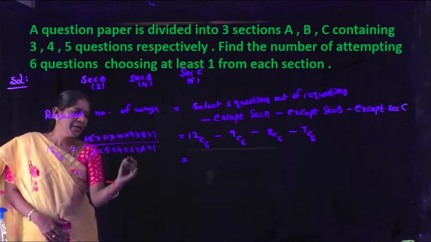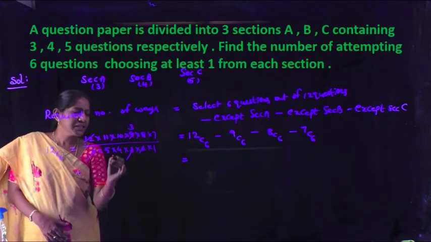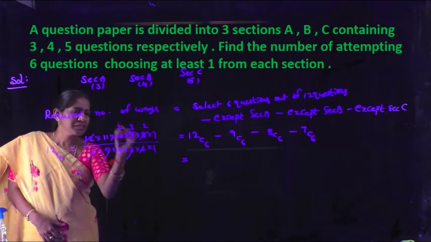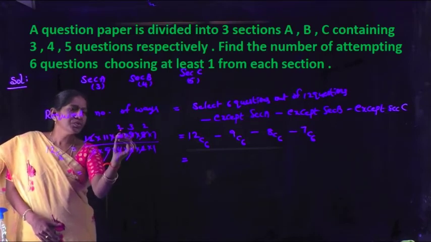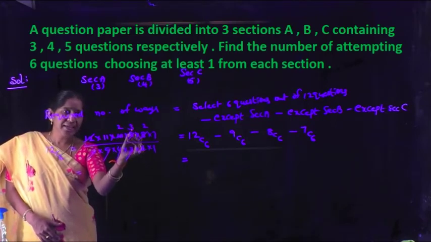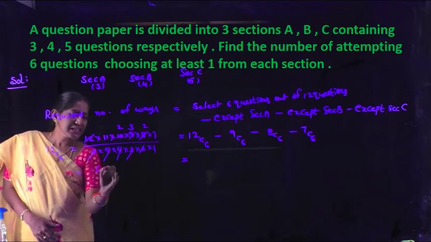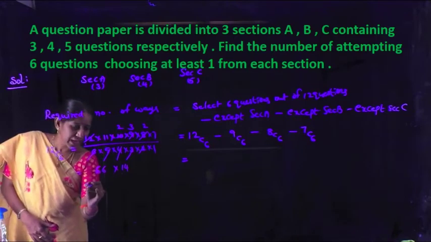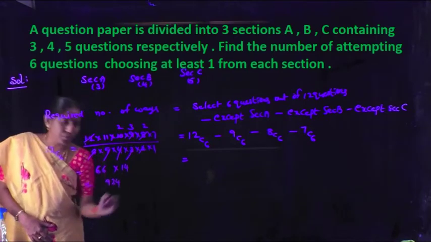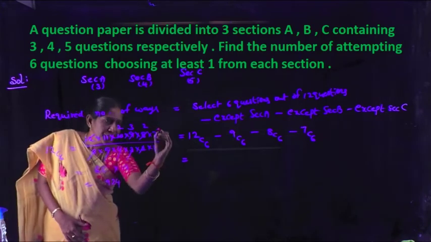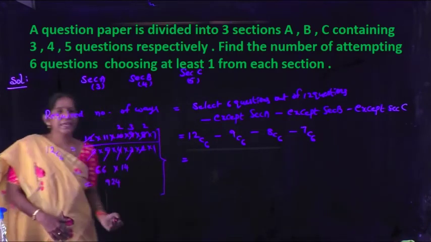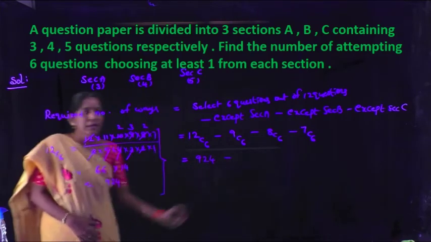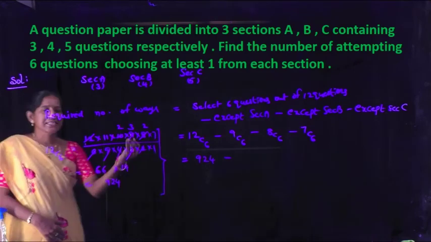Numerator and denominator, 3 times get cancelled here and 4 2 times cancel. 5 2 times. Then remaining 11 into 2, 22 into 3, 66. 66 into 2 into 7, 14. By multiplying, we can get 924. So the value of 12C6 is 924.